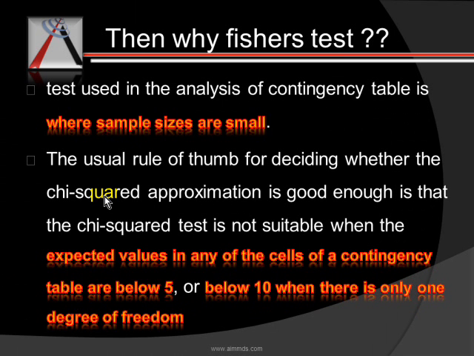And the usual rule of thumb for deciding whether we are doing a chi-square test or a Fisher's test is that if the expected value in any of the cells is below 5, we go in for a Fisher's test. And if we have degree of freedom as 1, that is, if we have only a 2x2 table, then we apply the Fisher's test if our expected value in any of the cells is below 10. So normally if it is below 5, or if it is below 10 in 1 degree of freedom, we apply the Fisher's test.